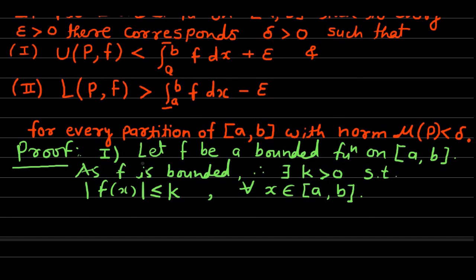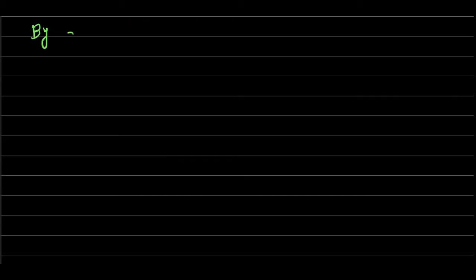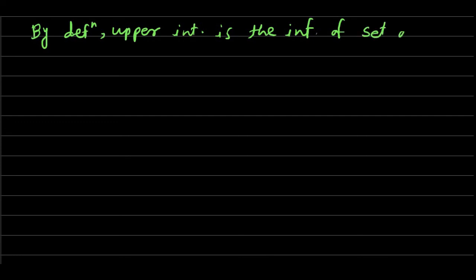Next one. As we know by the definition of the upper integral, the upper integral is the infimum, that is the GLB, of the set of upper sums. So by definition we have the upper integral is the infimum of the set of upper sums.